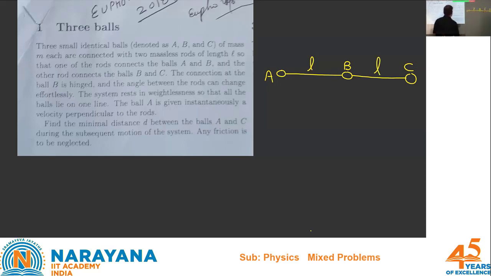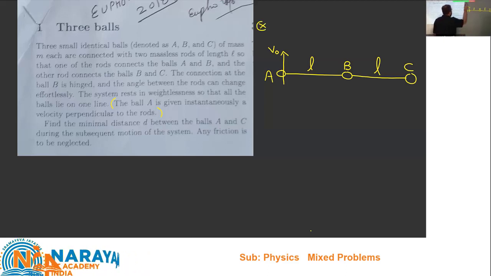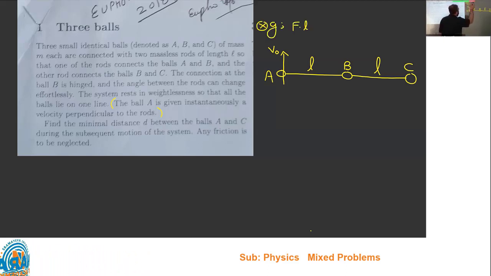And the question is somewhat like this: at t equal to 0, you have given velocity to one of the rods. Let's say ball A is given instantaneously a velocity which is perpendicular to the rods. Let's say that velocity is V0. Gravity in this problem is in the cross direction, and the table here is frictionless.